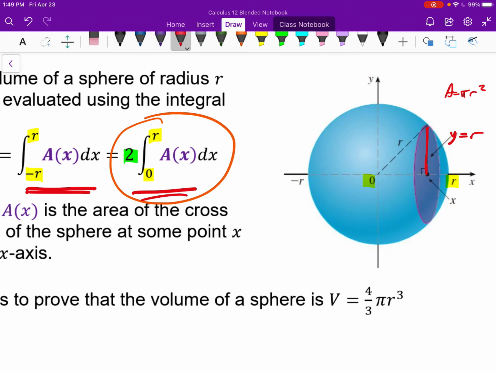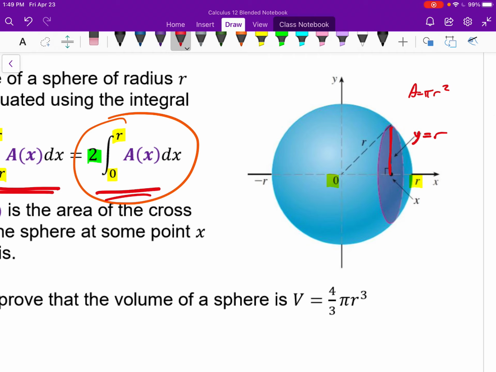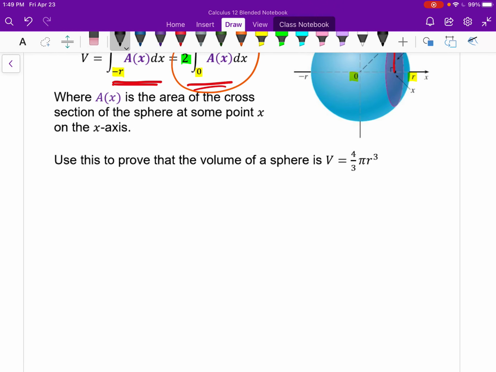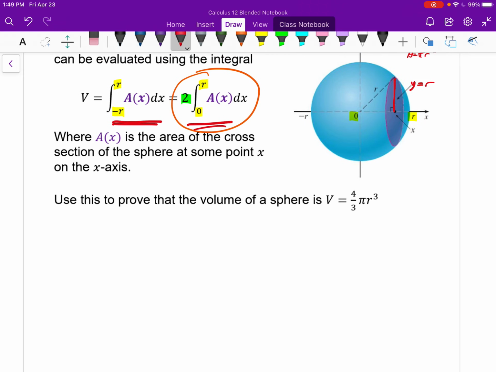It's pretty pleasant to think about how I can connect x and y together, because I'm dealing with a circle. You can see this diagram here hopefully reminds you that x and y are related through the radius, and x squared plus y squared must always equal r squared. So the area of that circle with respect to y is pi times y squared, but I want the area with respect to x.